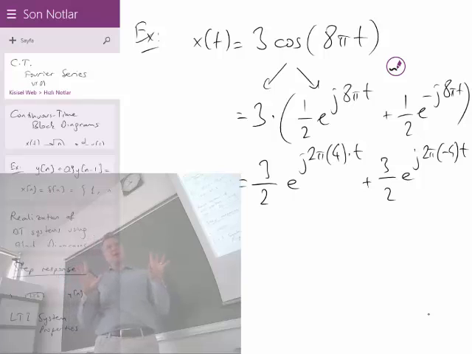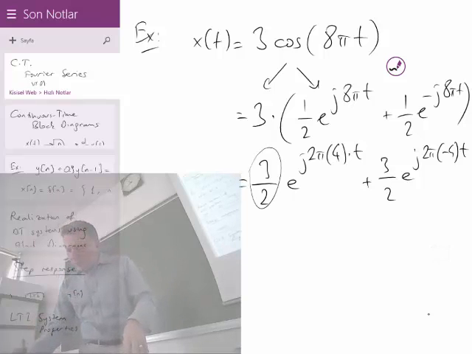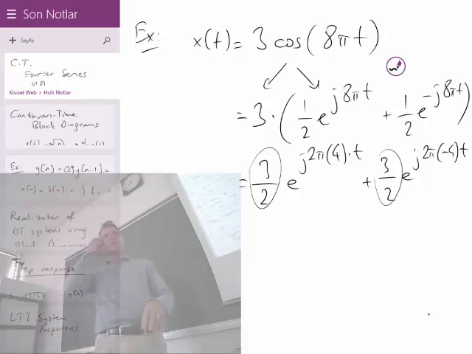So now we have 2 harmonics with the same magnitude. But where are they? What are the frequencies of these harmonics? The frequency of the first harmonic is 4 Hertz, and the second harmonic is minus 4 Hertz. Or in omega, the first one is 8 pi, the second one is minus 8 pi.